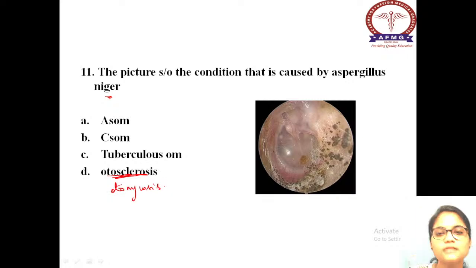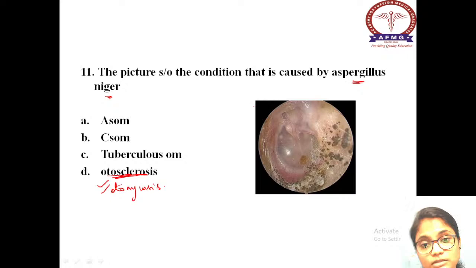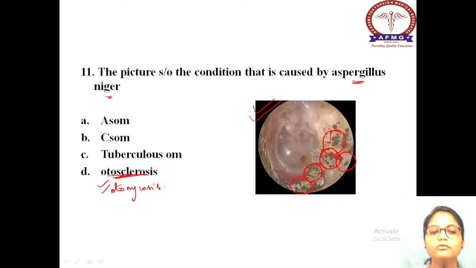As the organism here is Aspergillus niger, our answer should be otomycosis. Please be very thorough about this picture that is shown, in which you can see the blackish deposition caused by Aspergillus niger. In the otoscopic examination, you can find them very clearly.